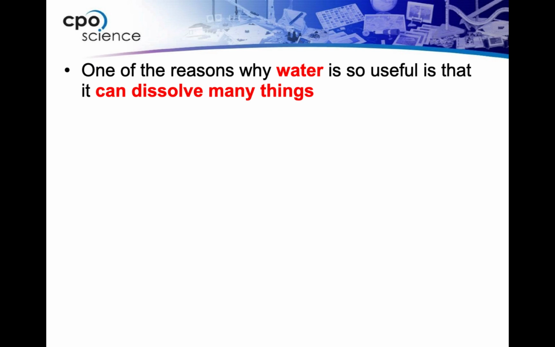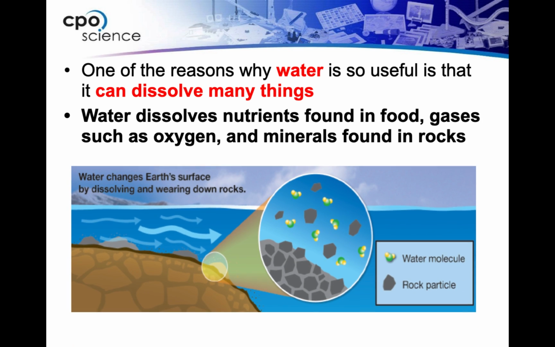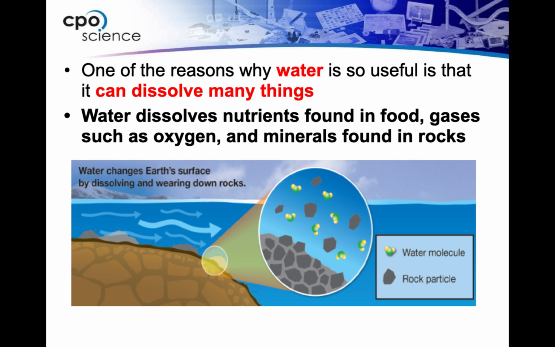One of the reasons why water is so useful is it dissolves many things. It dissolves nutrients found in food, gases such as oxygen, and minerals found in rocks. It just plays a really important role in essentially tons of things. Not only is it important in our body because all the processes that we have in our body have to do with water, but think of everything on Earth: plants that need water, growing crops, industries.